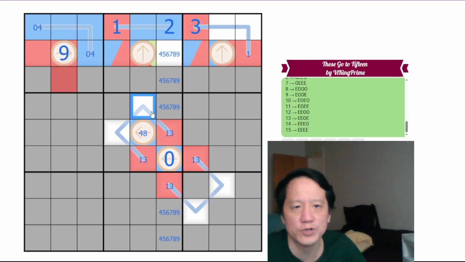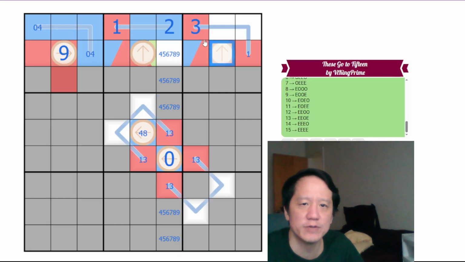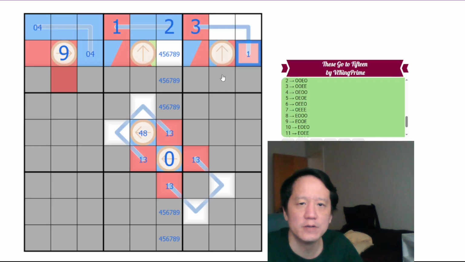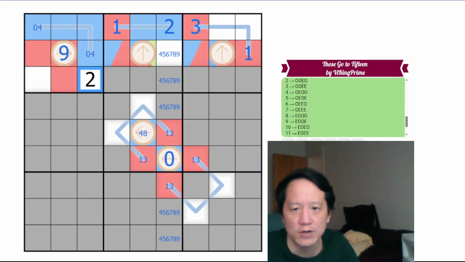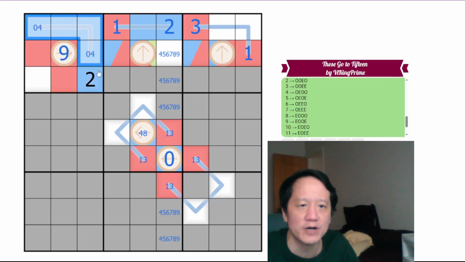So this is Schrodinger, which means the rest of the box is not Schrodinger. This can't be Schrodinger. We know it's either blank, odd. So this is Schrodinger, which means this can't be Schrodinger, so it's 1, which gives us a 2 there, so we know that's even. So we have 5 even cells in box 1.